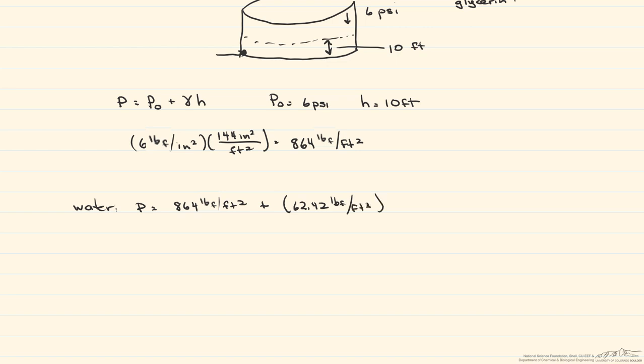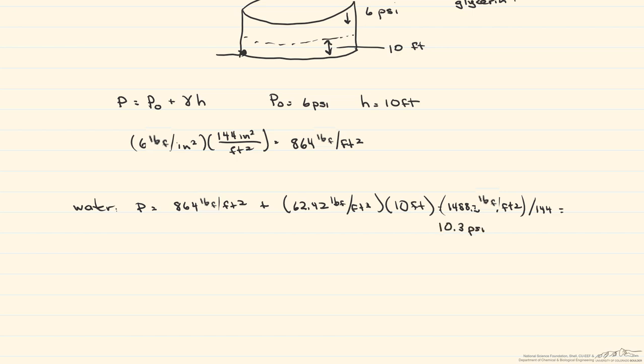We multiply that by our 10 feet, which is that h, and we find that the pressure when it's water is equal to 1488.3 pounds per feet squared. And now, in order to turn this back into inches, this time we divide it by 144. And so the pressure when the fluid is water is equal to 10.3 psi.